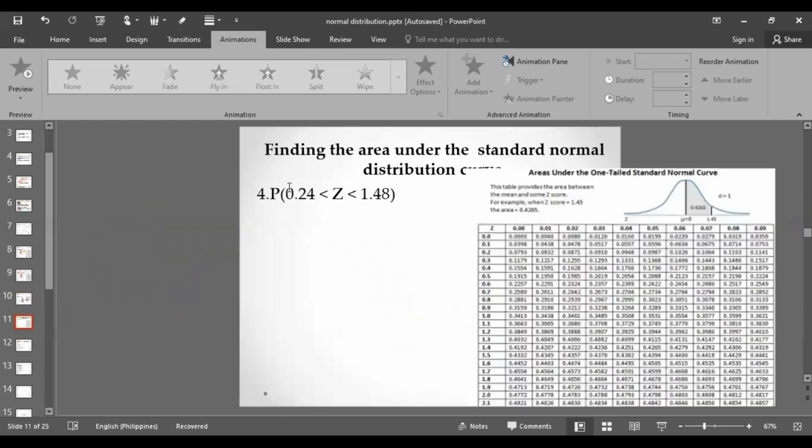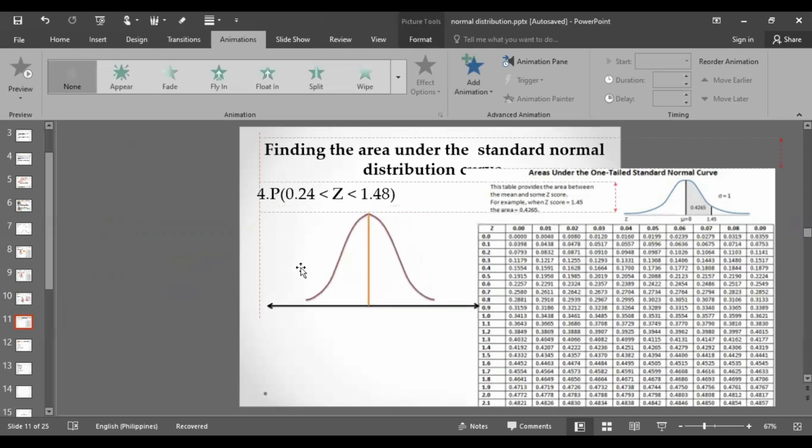For the last example, we're going to get the area between the z-scores 0.24 and 1.48. Draw a normal curve. Locate the z-scores. Since they are both positive values or z-scores, they are located on the right side of the mean.